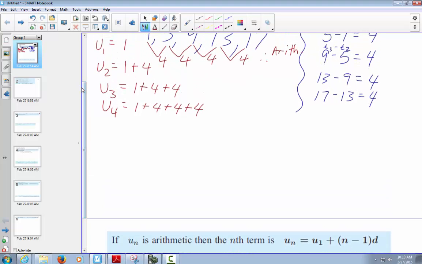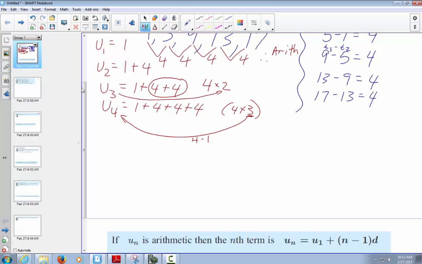Now, notice the connection here. This is 4 times 2. 4 times 3. This number is connected to this. This is 4 minus 1, 3 minus 1, and so on. And it'll work that way for every one.